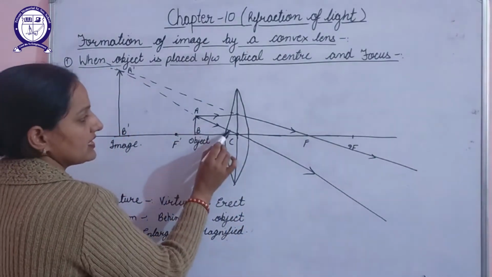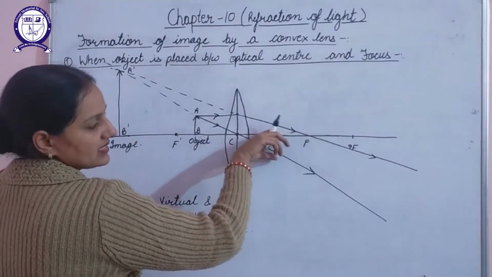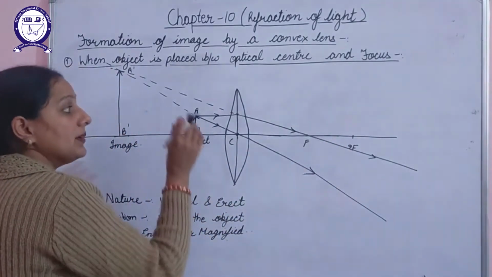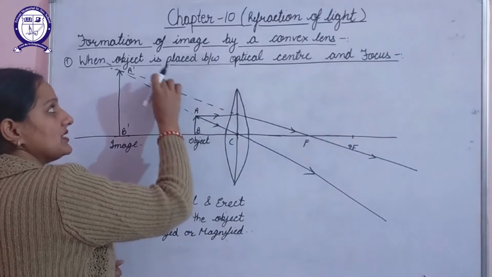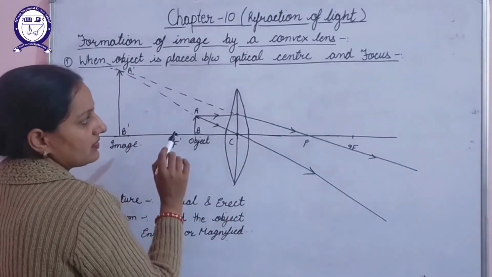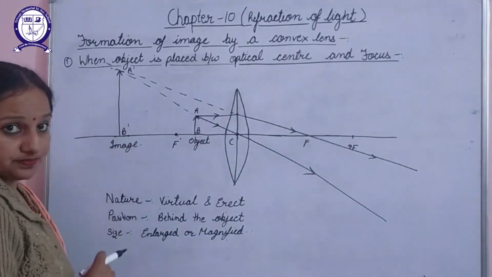So this ray of light is passing through the optical center. Here we can see that these rays are diverging. That means they will not meet in this direction. But if we extend them, they can meet in the backward direction. So on extending these two refracted rays, it appears as if the image will be formed at this point.